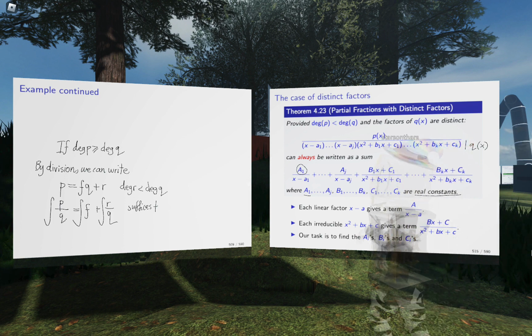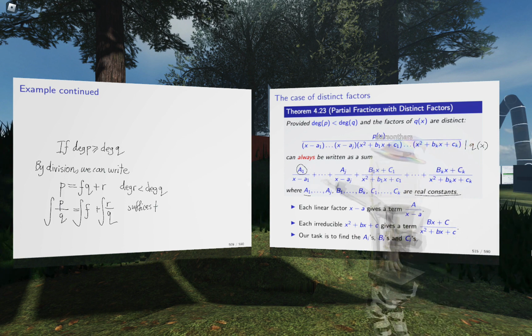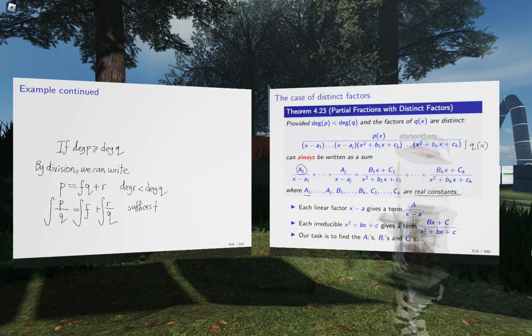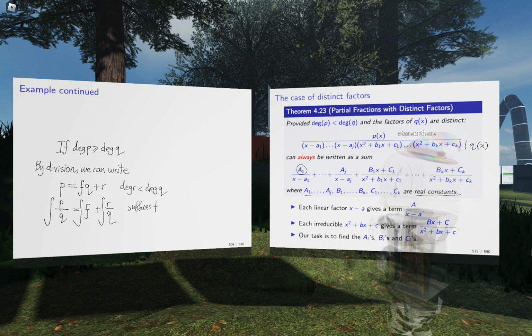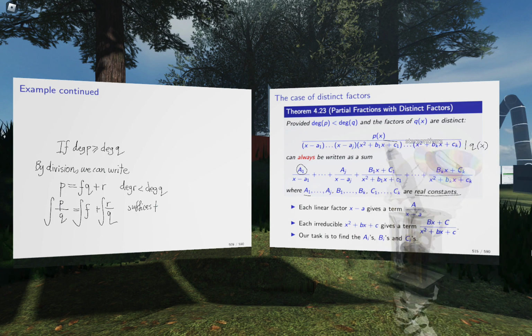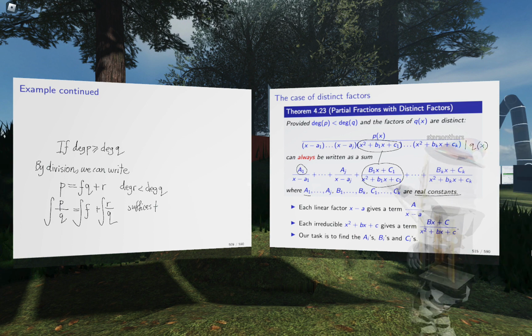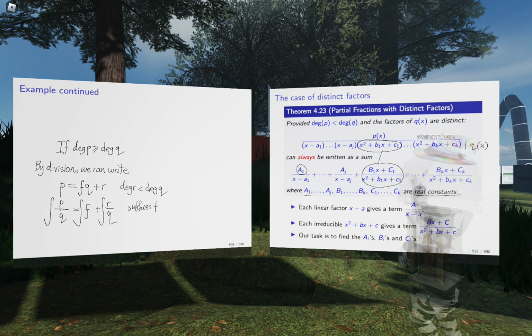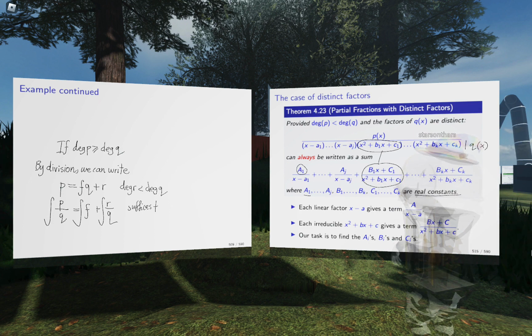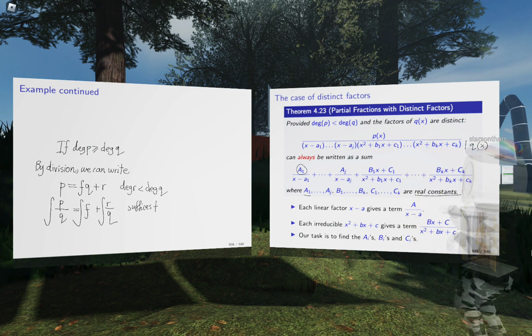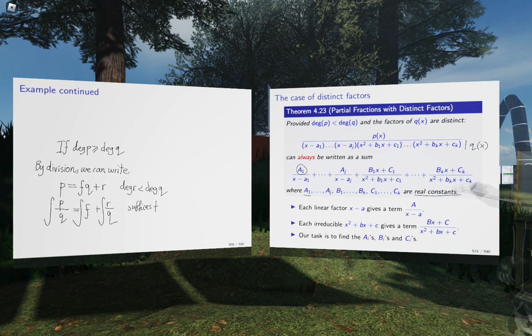So for each of these linear factors, you get something like this. For some A1 through Aj, you have to figure out what constants make it work, but the theorem says that they exist. And for every irreducible quadratic factor of q, there exist B's and C's such that, when you write out the right-hand side in this form with the irreducible quadratic factor in the denominator and some linear factor in the numerator, when you add them all up, you get p divided by q.